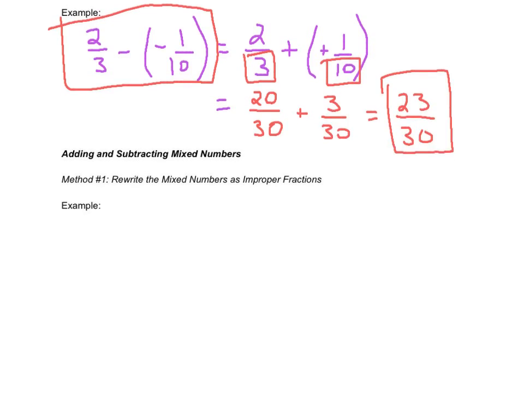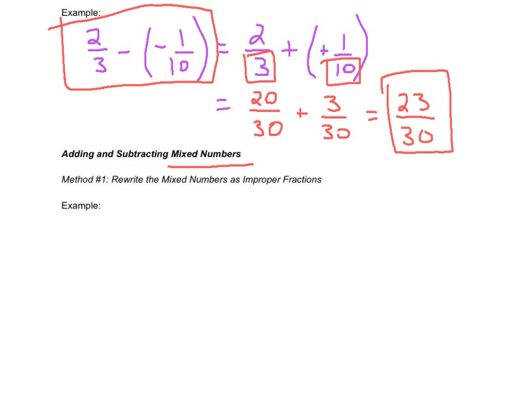Alright, so we are going to add and subtract some mixed numbers. Now remember, mixed numbers are when there is a whole number or an integer part of the number and then a fraction part of it. There's two primary methods in doing this. I'll show you each of them, and then you're going to be able to pick which one works best for you. So, first method is to rewrite the mixed number as an improper fraction.